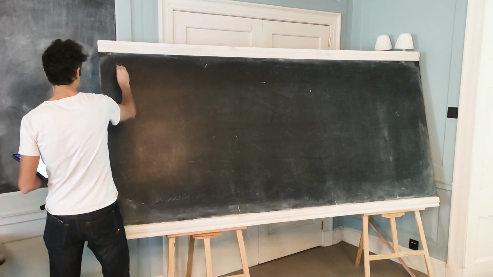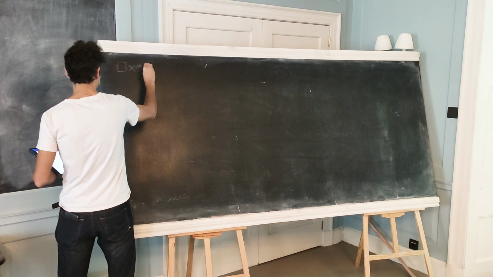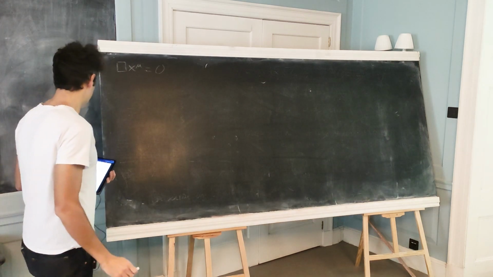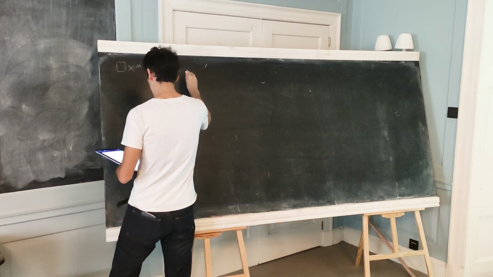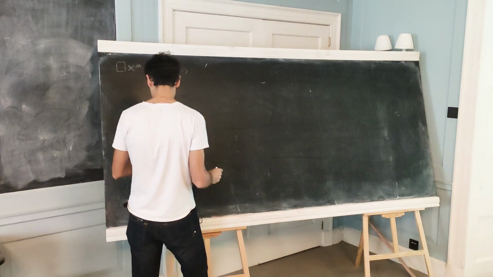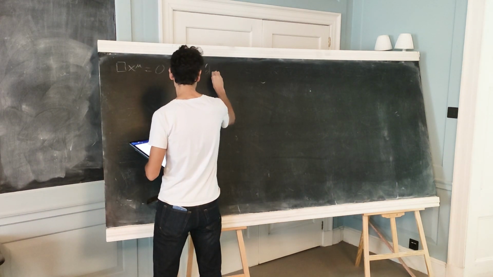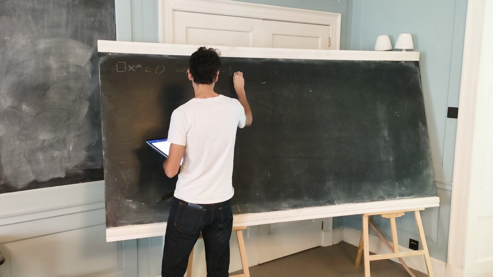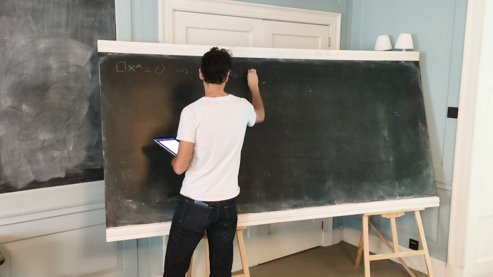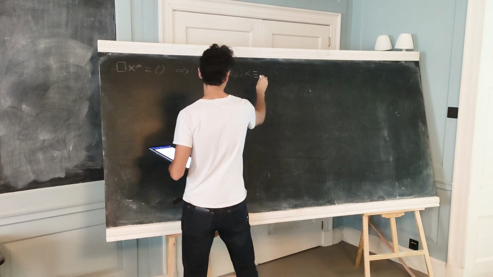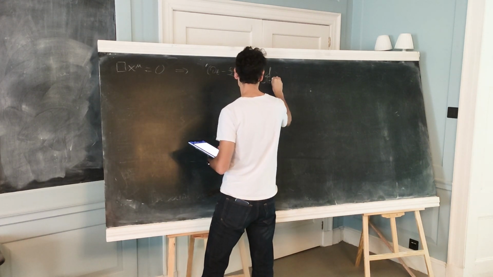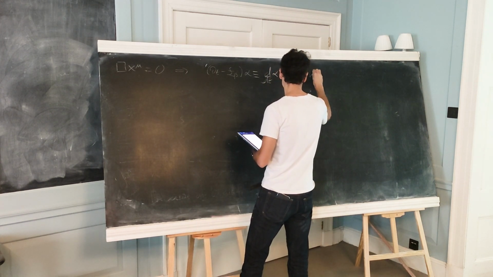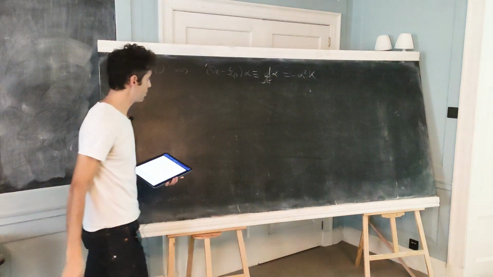So in harmonic coordinates, you can see that harmonic coordinates imply that the lapse, and here it's minus, I will call all of these total derivative. Okay, this is what harmonic coordinates give you for the lapse.